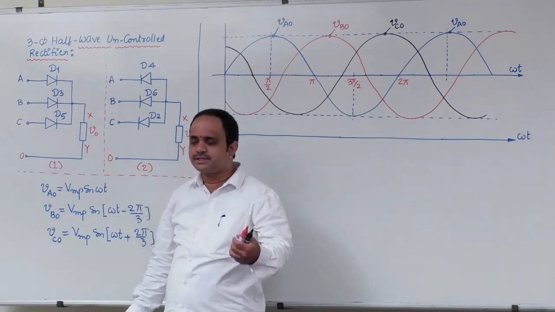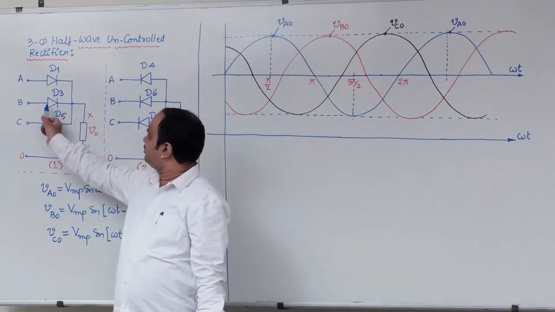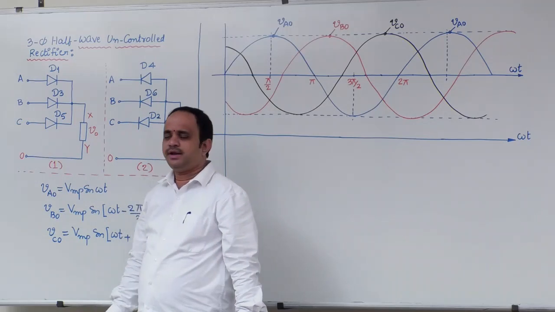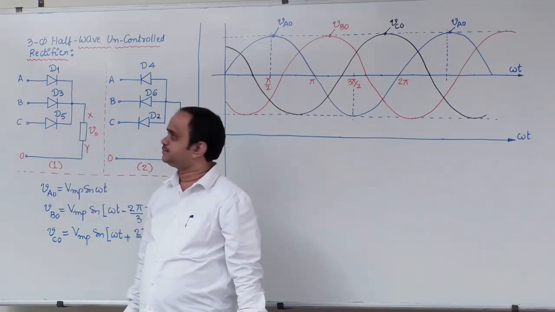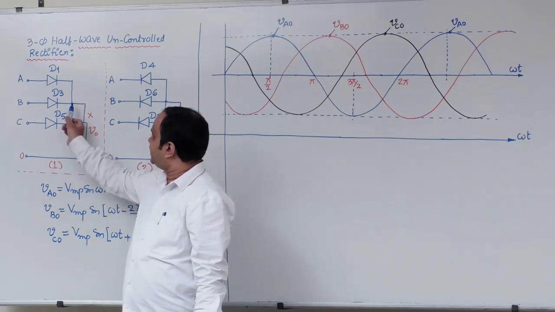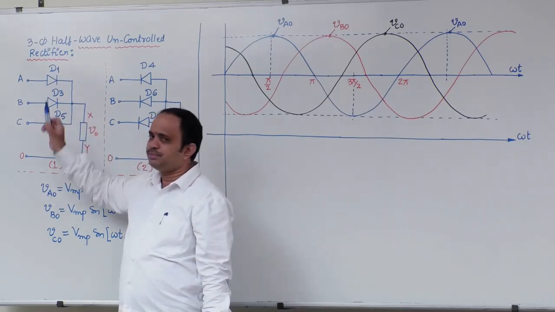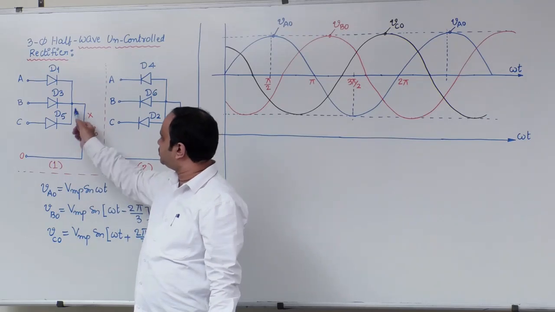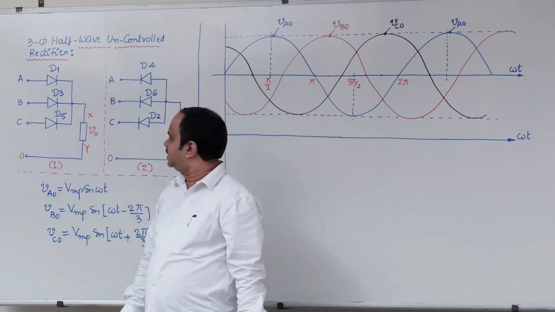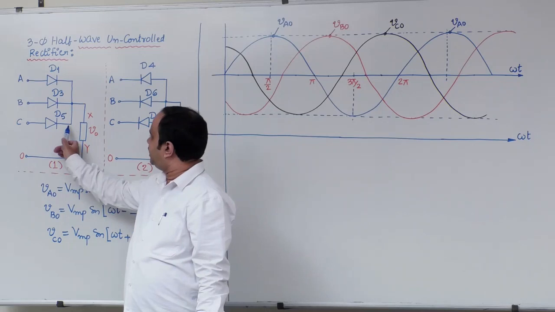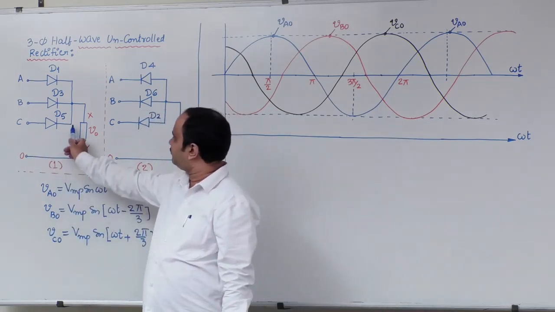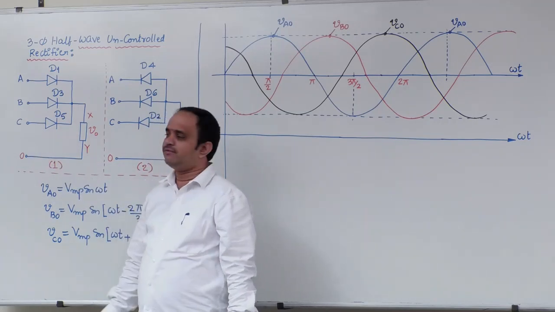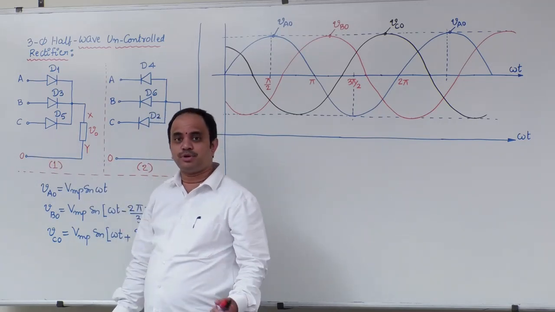Okay. Next point. D3 will forward bias when phase B is more positive. So when D3 is on, X will be connected to B, hence V0 is equal to VBO. In the similar lines, D5 is connected to source terminal C. D5 will forward bias whenever phase C is more positive.